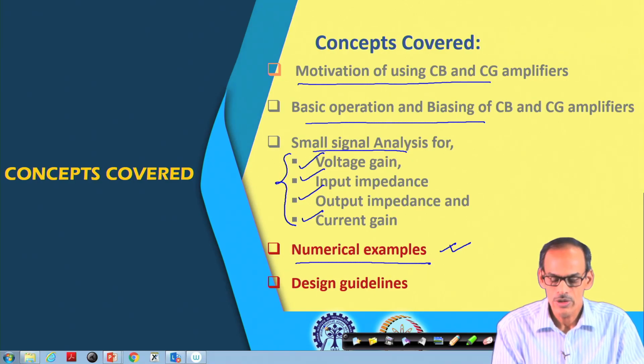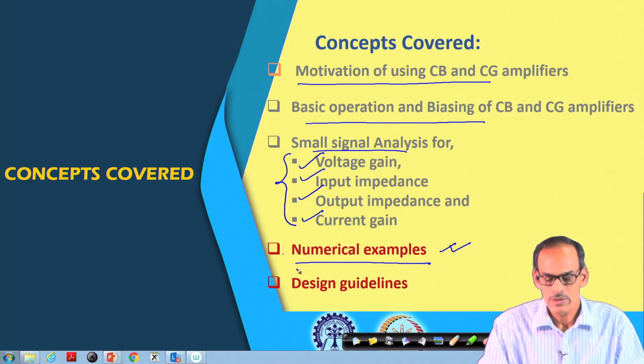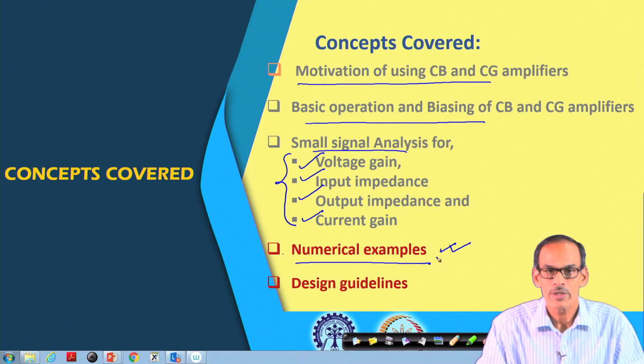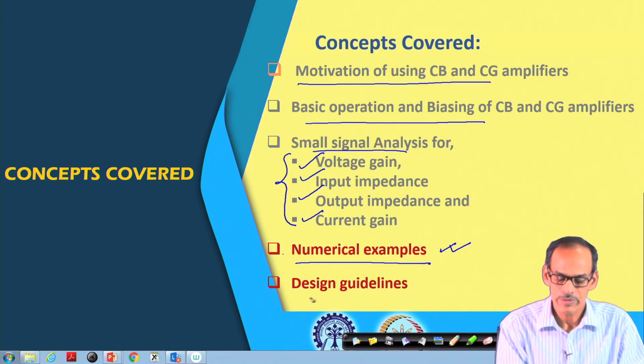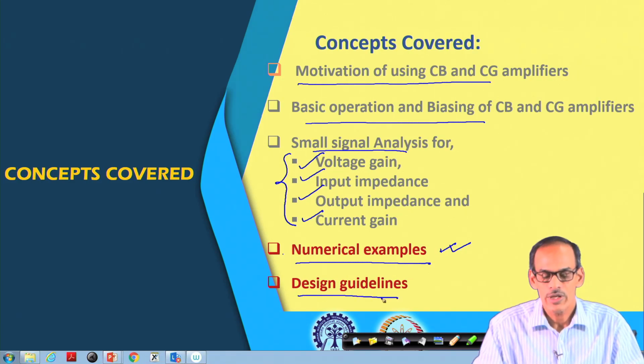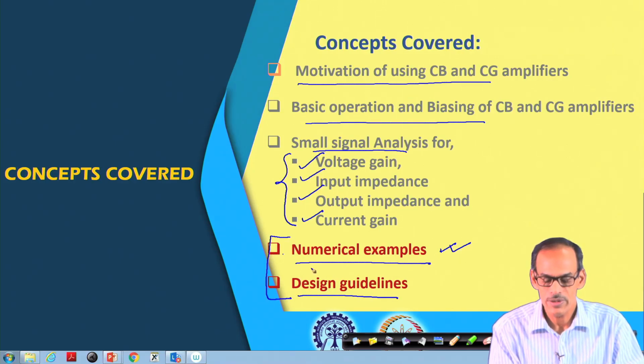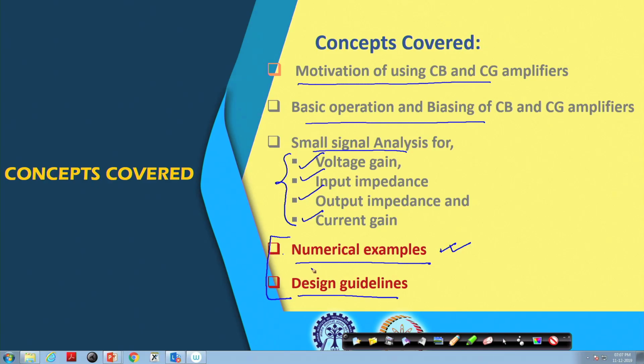Subsequently, once we are comfortable with these numerical examples, which are associated with analysis of a designed circuit, we will be in a position to discuss what may be the design guidelines for a given requirement of circuit performance. So, today's discussion is a number of numerical examples and then design guidelines of common base and common gate amplifiers.